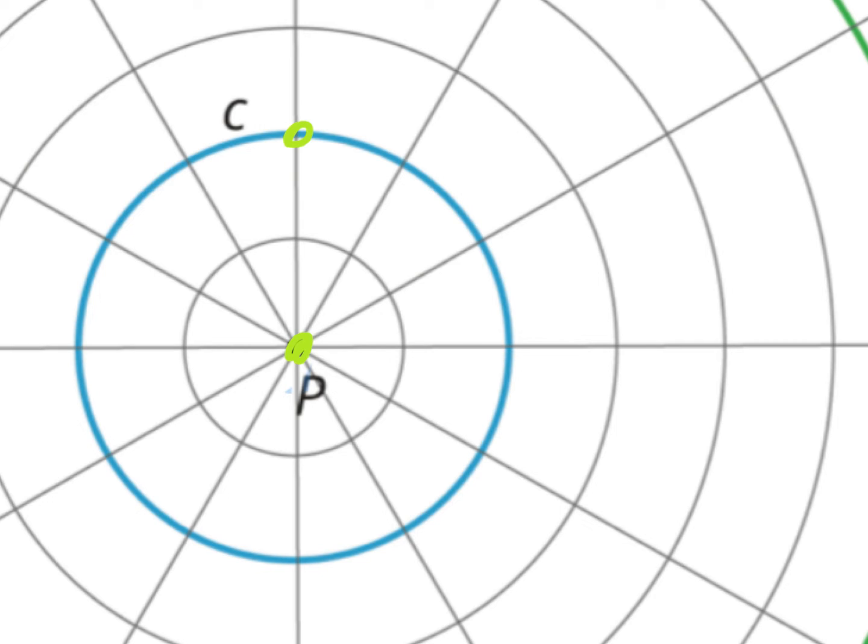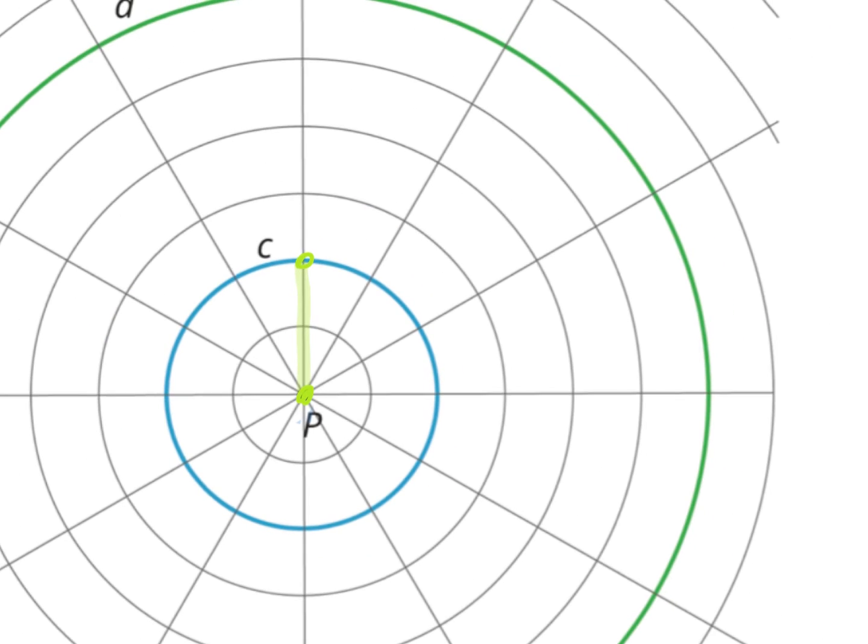That's what I'm counting. So that's 1, 2 units from the center to that smaller circle. So the distance from P to the exterior of that circle is 2 units long. Everybody see where I got 2 from, right? Because we're just counting the grid marks.